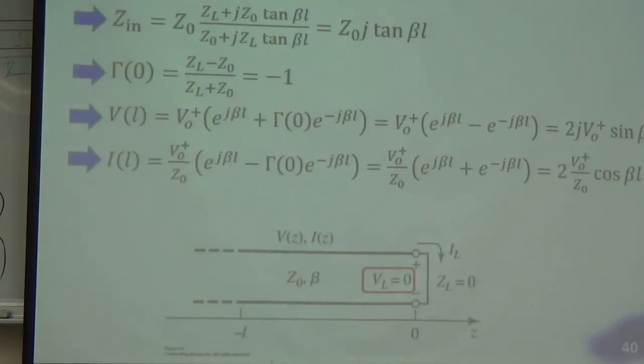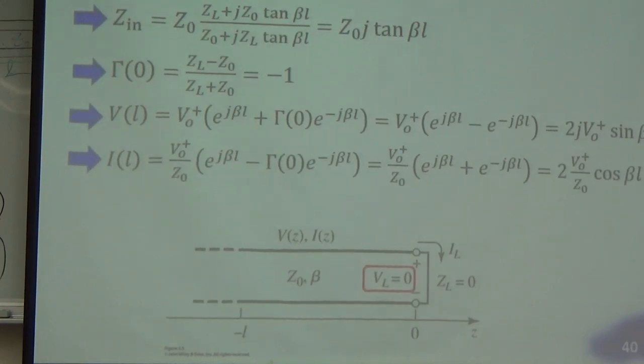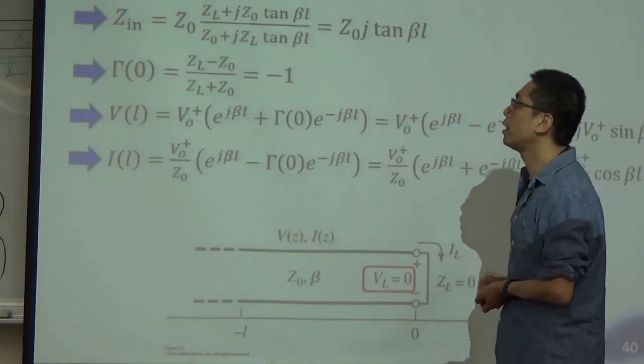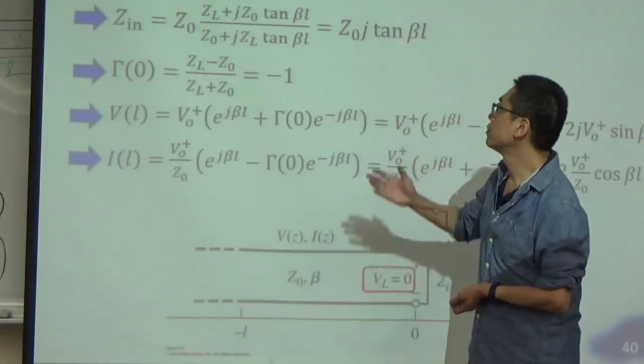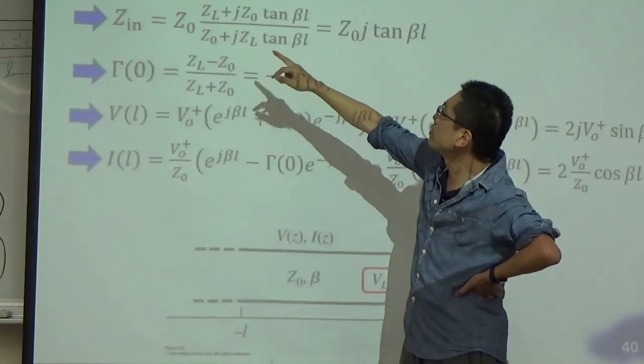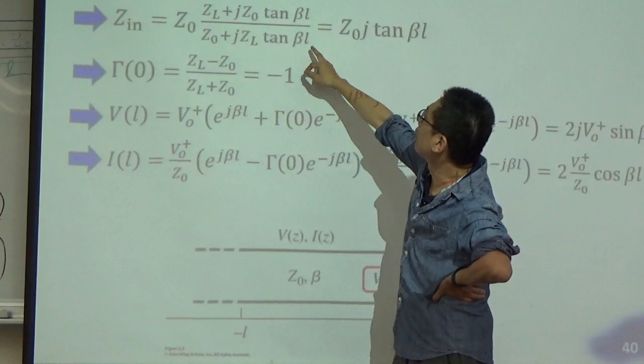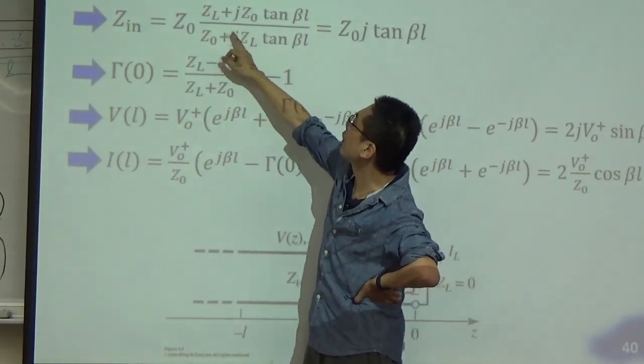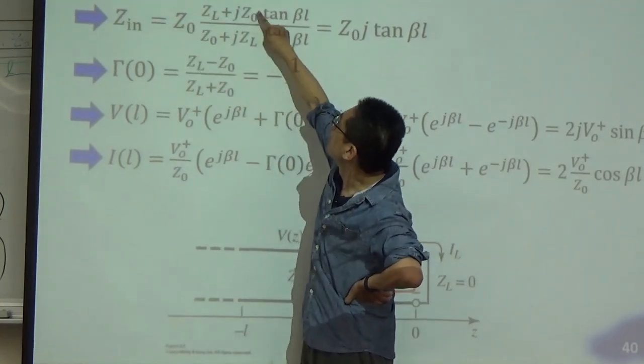Okay, for the first case, case A, if it is a short, it means your ZL is 0. So look at this equation. What happens if ZL is 0? This term is 0 and this term is 0.